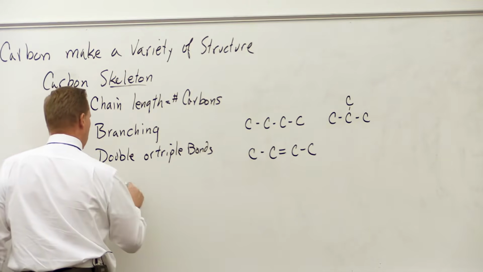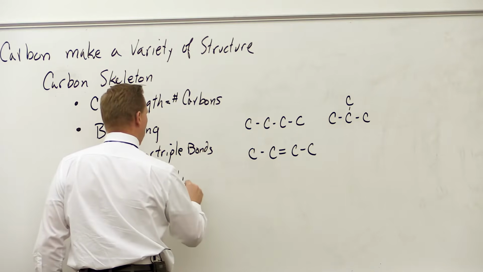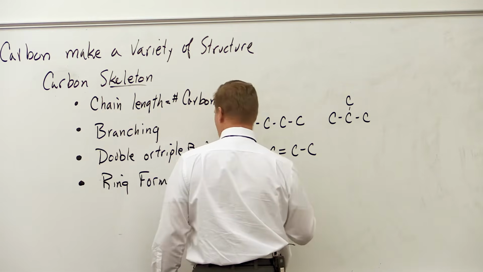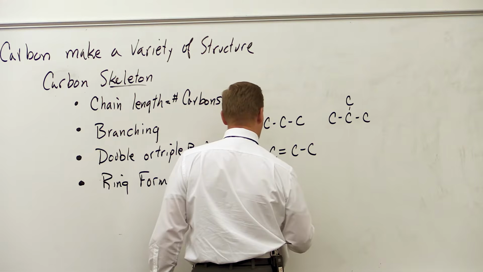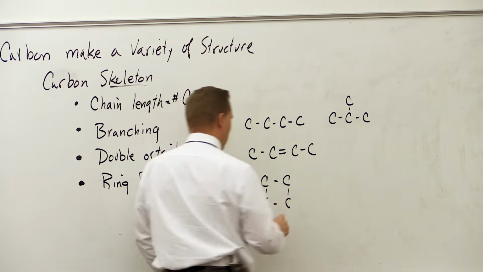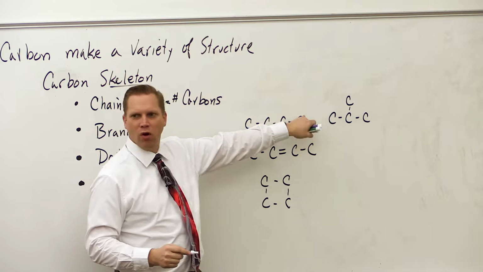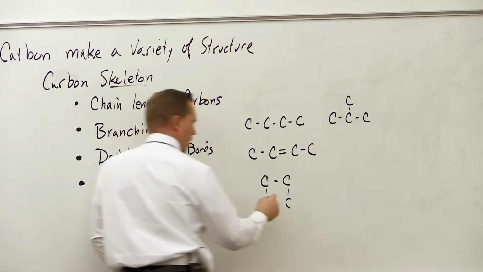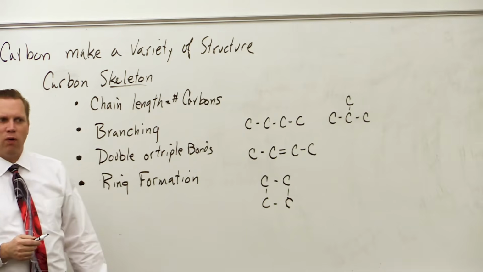Another way that they can vary is in what we call ring formation. How would that vary? We can take our same 4 carbons, and instead of putting them in a line, I could put them in a ring. I could take one end, bend it around, and hook it up or bond it up to the other end, and I would get a molecule that would look like that, and that would be ring formation.